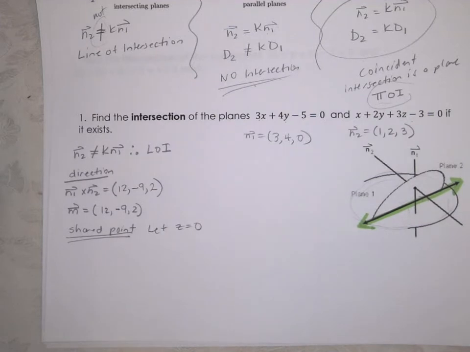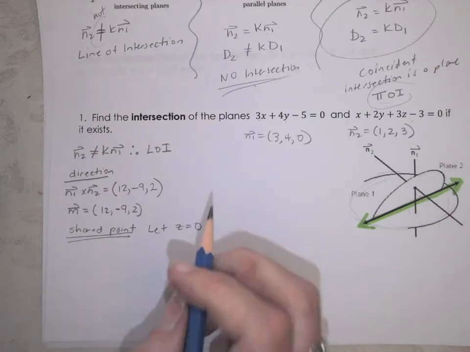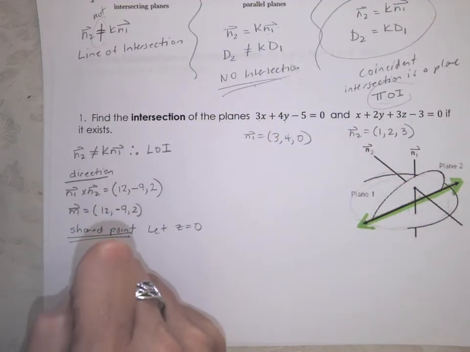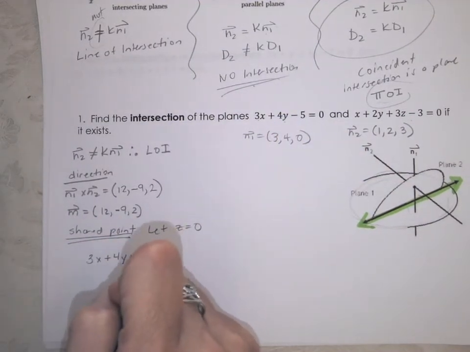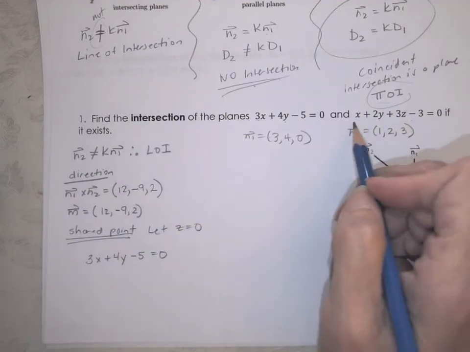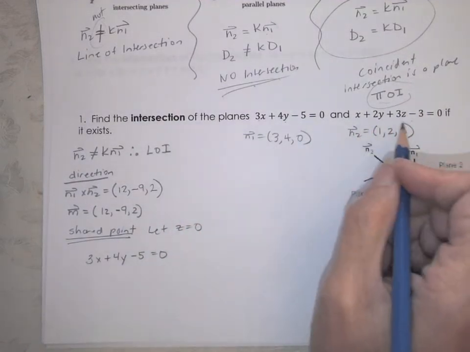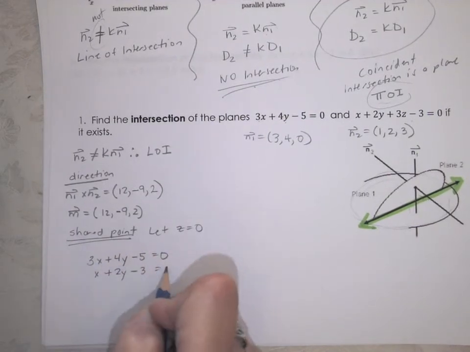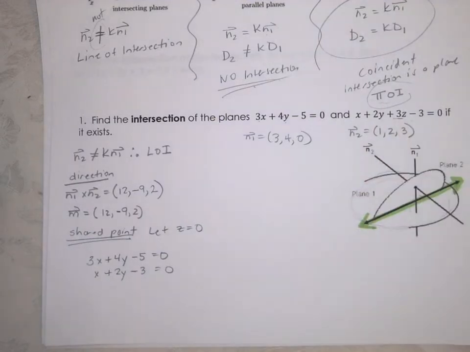If you get an inconsistent system, which happens sometimes, then you scrap that and let y equal 0. And if that didn't work, your last resort would be let x equal 0. So if I let z equal 0, the first equation is 3x plus 4y minus 5 equals 0, and the second equation becomes x plus 2y minus 3 equals 0.